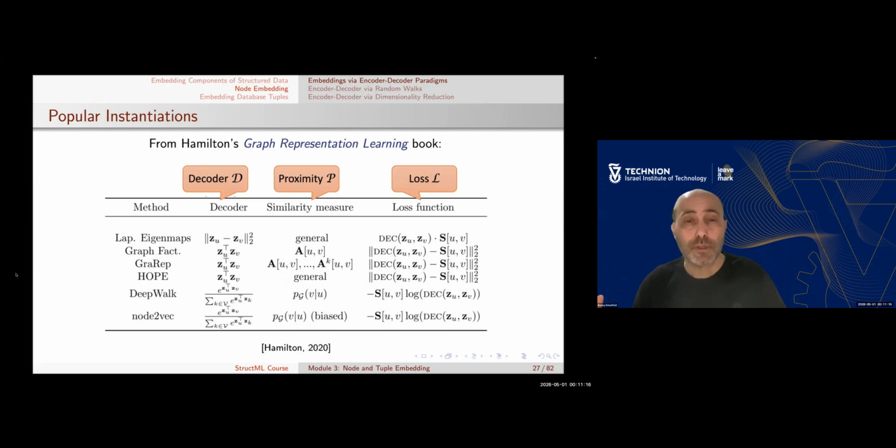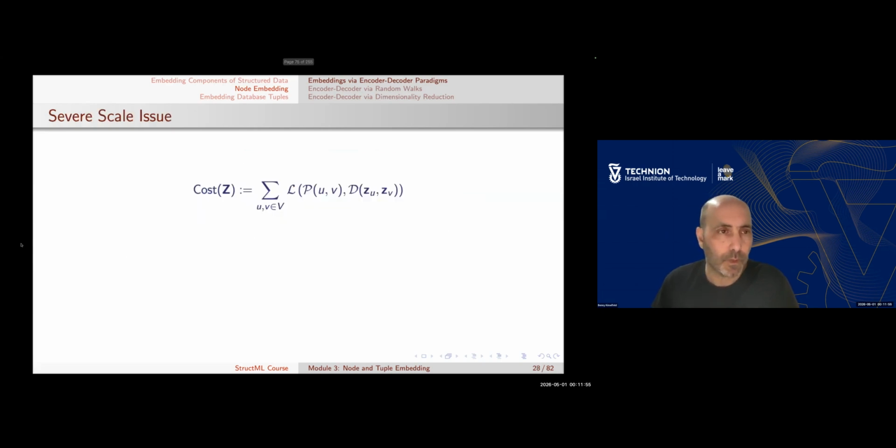And you can instantiate this template by using different combinations of D, P, and L. And actually, you can see in the Hamilton book, there's a reference in the course website, showing how different techniques that have been proposed in the past are essentially different instantiations of this framework using different combinations of D, P, and L. Okay, and we're going to look at several of these in this part of the module.